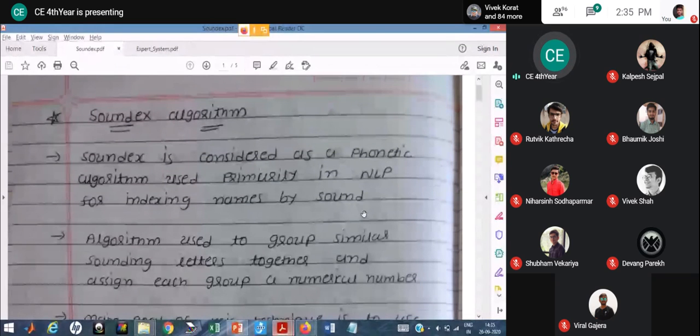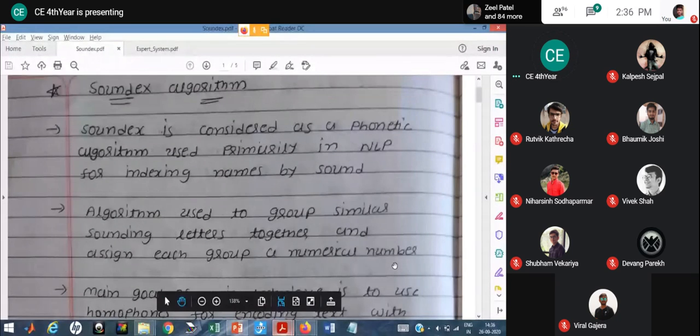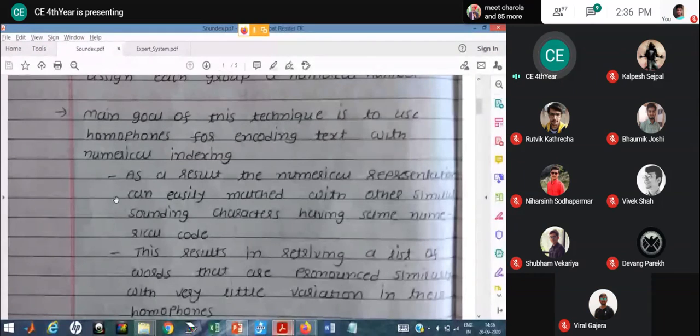This algorithm is used to group similar sounding letters together and assign each group a numerical number. Now, what is the main goal of this Soundex algorithm? The main goal of this technique is to use homophones for encoding a text with numerical indexing.